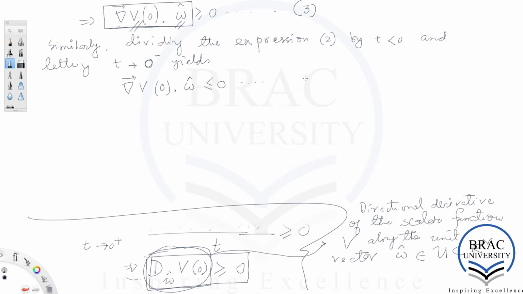This is equation number 4. So we repeat the whole thing that we did for positive t, also for negative t, and take this limit.